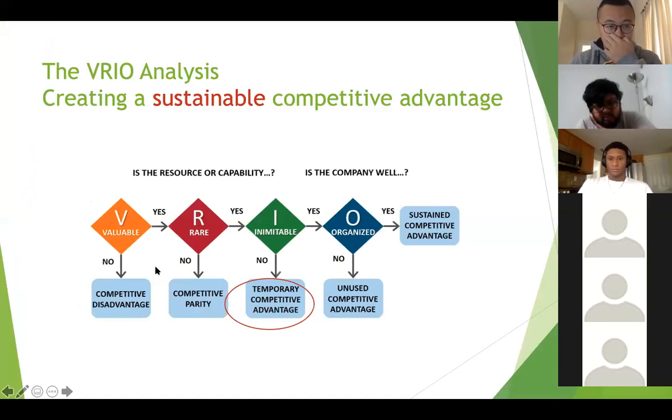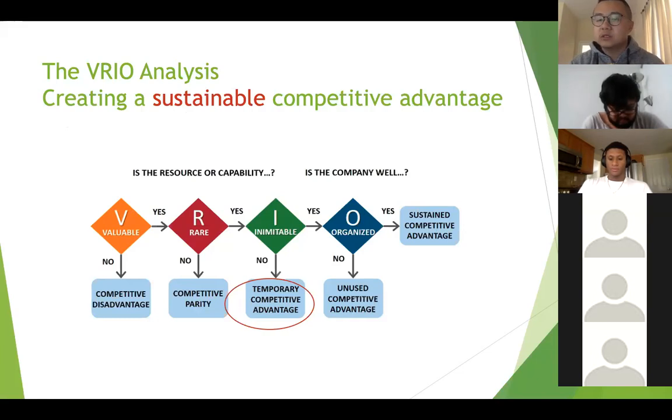slide. So here is a VRIO analysis. Why did I use a red font to emphasize sustainable competitive advantage? I think the thing you need to know is that VRIO is not just randomly picking one of them.